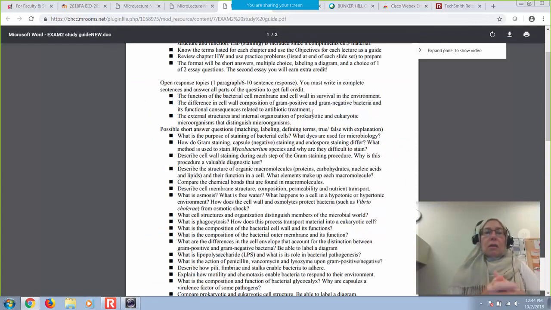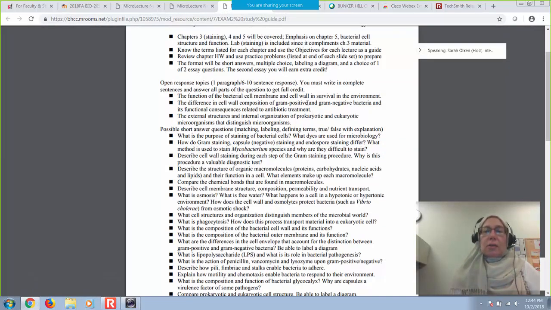So that's the function of the bacterial cell membrane and cell wall, and its role in survival, either survival with antibiotic treatment or survival in the environment. I went over the difference in cell wall composition covered in Chapter 5 between gram-positive and gram-negative.